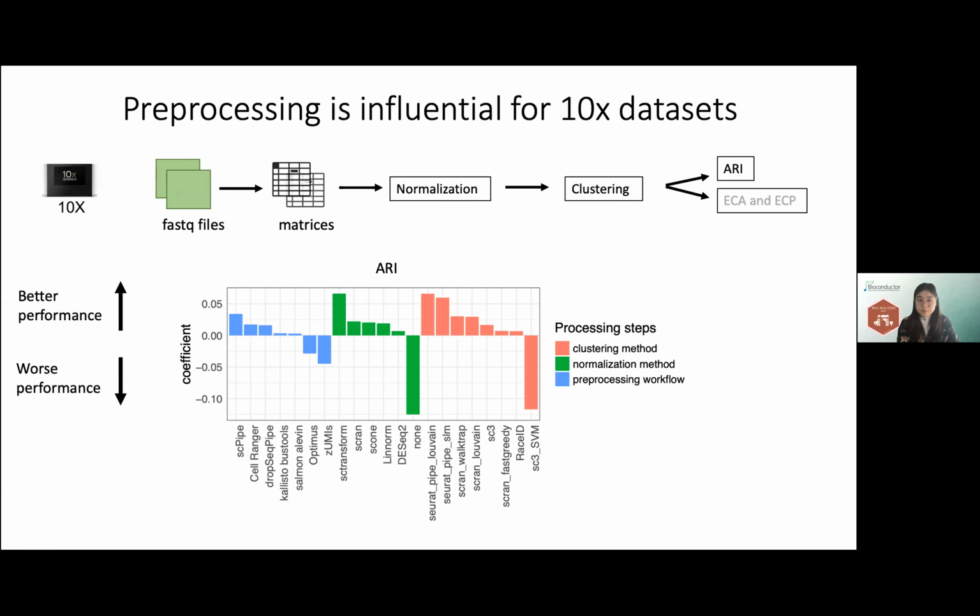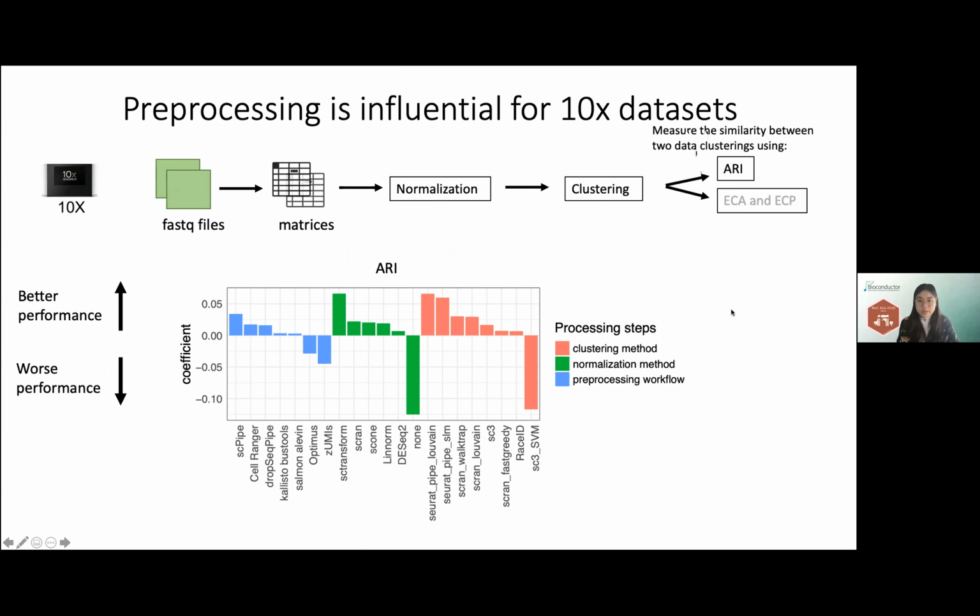So here, we apply normalization and clustering and get the combinations of the performance, and then evaluate them with a tailored metric. Here is our result for ARI, which measures the similarity between two data clusterings.